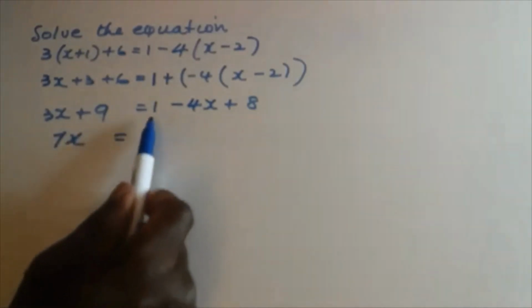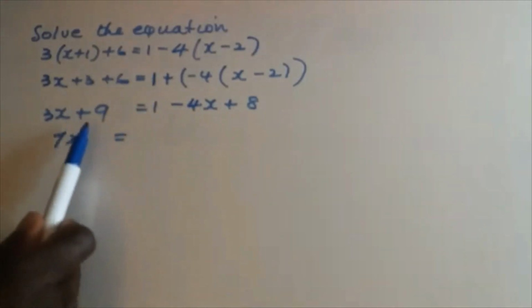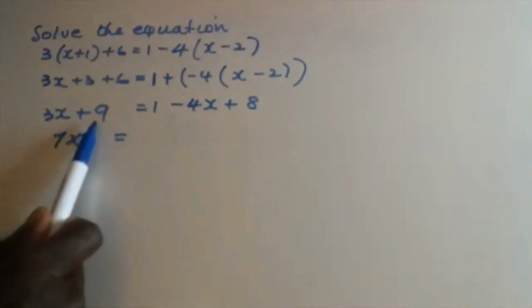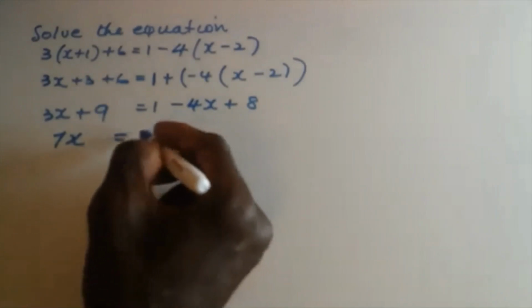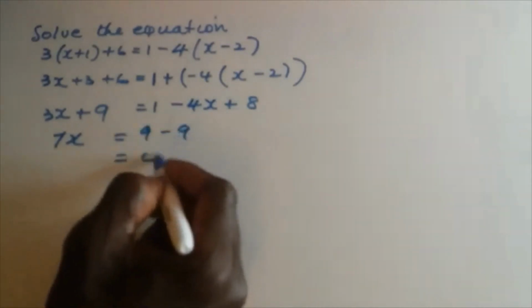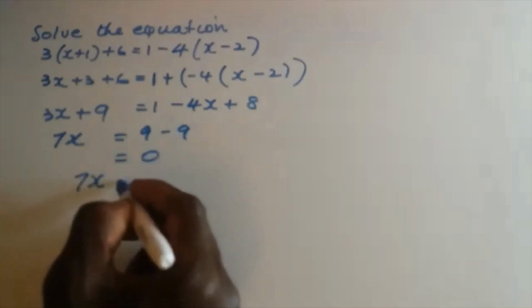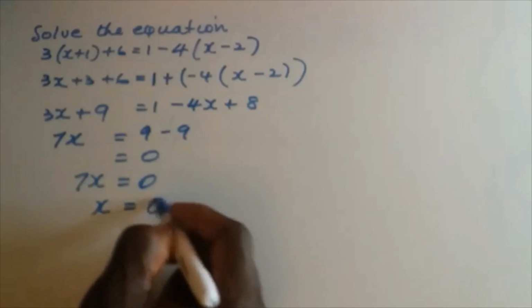Now we have 9 here, 8 add 1 is 9, and if we add negative 9 to this side, we get rid of it from here, and it becomes negative 9 on this side, so we have 9 minus 9, which is equal to 0. So we have 7x is equal to 0, x is equal to 0.